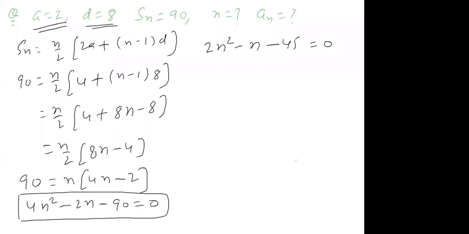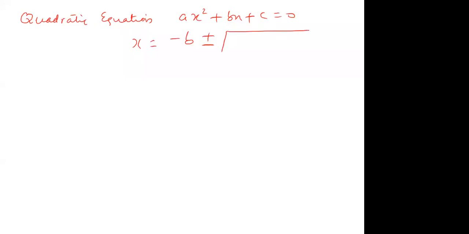Now there are different methods. In 10th class you will study one formula, I am explaining it here, for quadratic equations. That is the last concept, then we will leave the class. Equations of the type ax square plus bx plus c is equal to 0 are known as quadratic equations, and there is one formula for solving this: x is equal to minus b plus minus under root b square minus 4ac upon 2a.